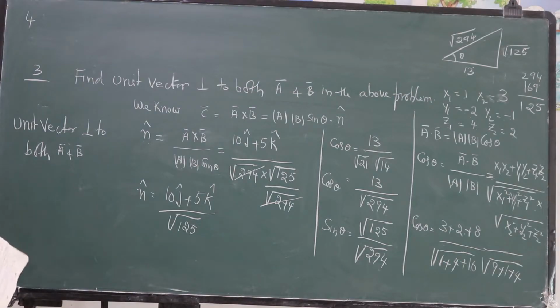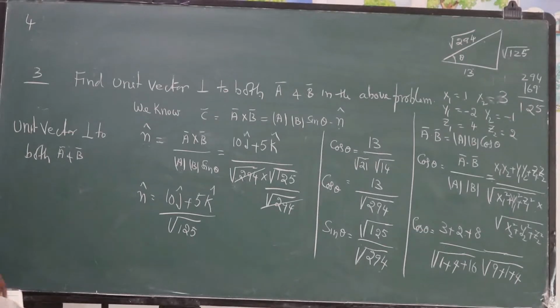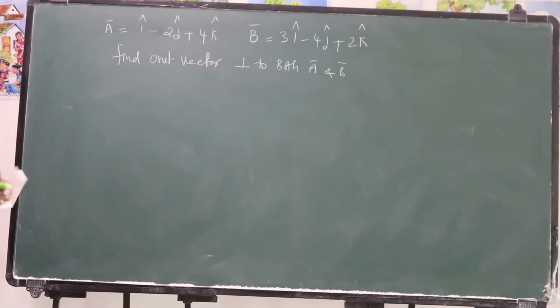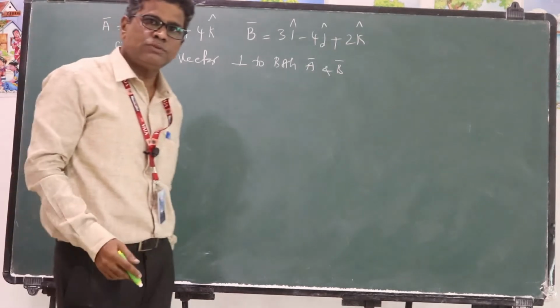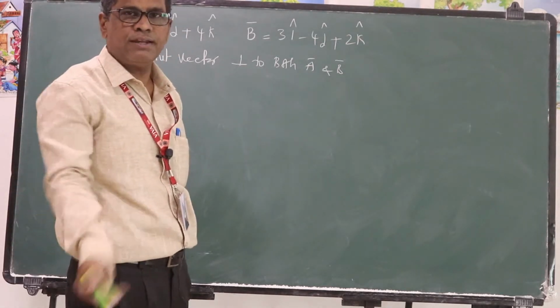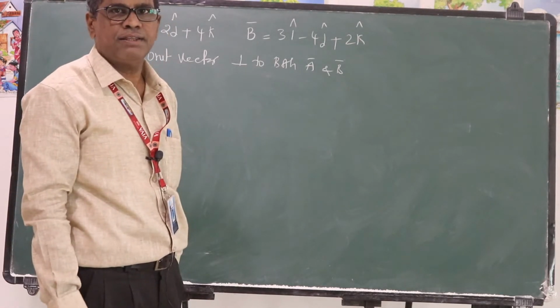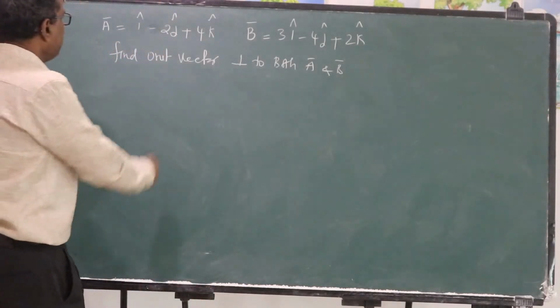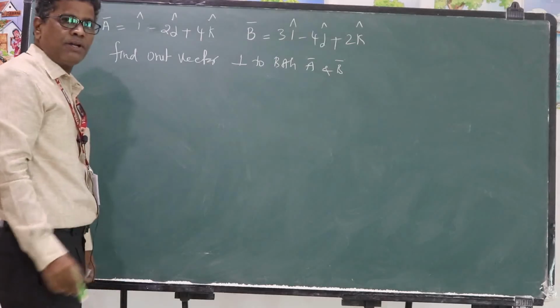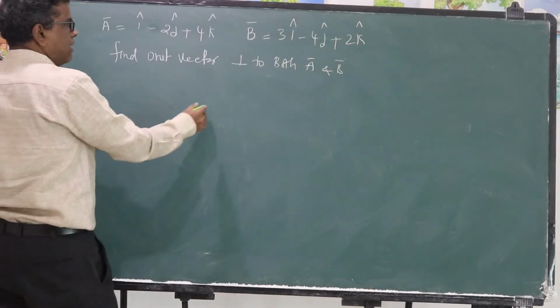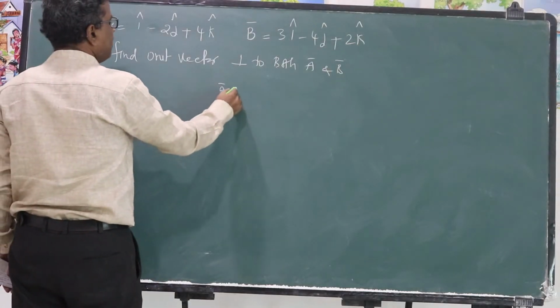Next problem. The same problem which we did, we can do in another way. That is the second method. So what is the second method? If a bar is given and b bar is given, find the unit vector perpendicular to both a bar and b bar. First you find a bar cross b bar.